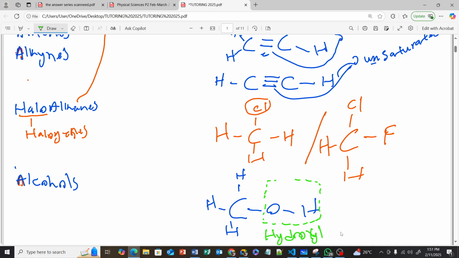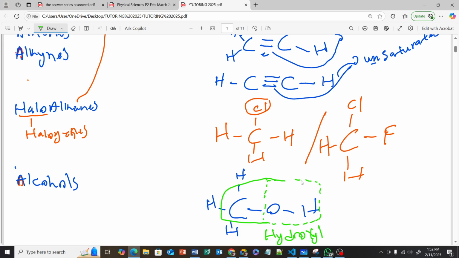The OH here, a C connected to an OH, is called a functional group. So the name of this functional group is hydroxyl. They might ask you for the functional group, you can write it, but if they ask for the name of the functional group, you must be able to specify that it's a hydroxyl group.